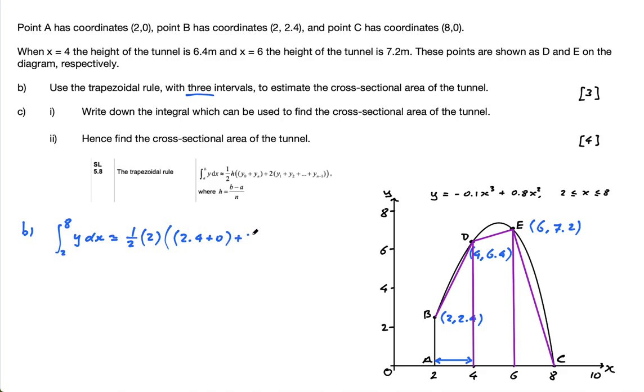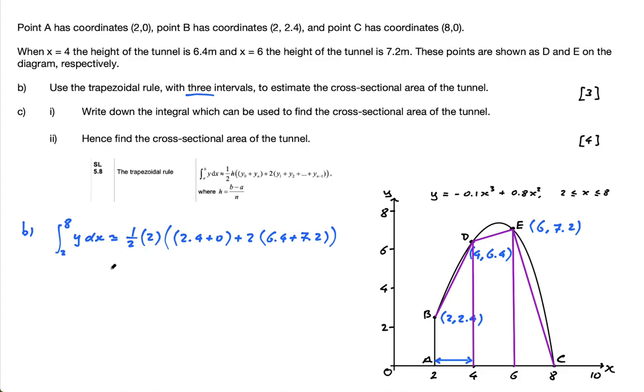And then we do plus 2 times this y and this y, because there's only 3 trapezoids. So it's 6.4 and 7.2. 6.4 plus 7.2. If you want to see a more detailed explanation of why this rule works, you can watch my video on that topic.